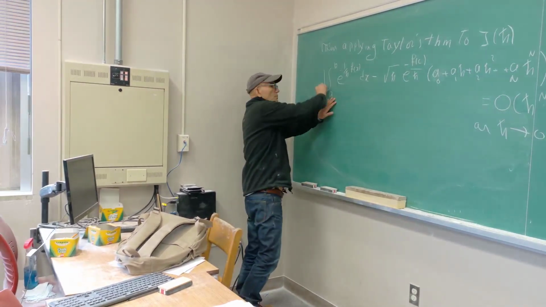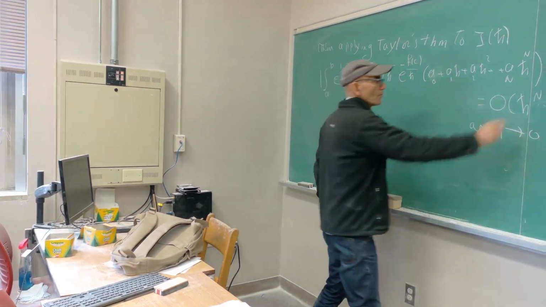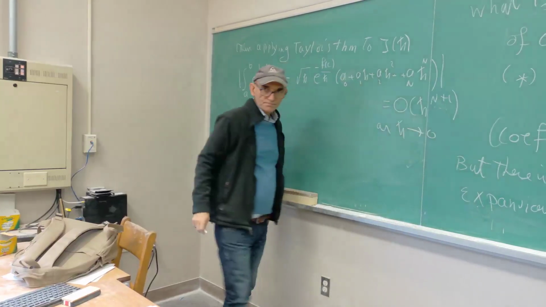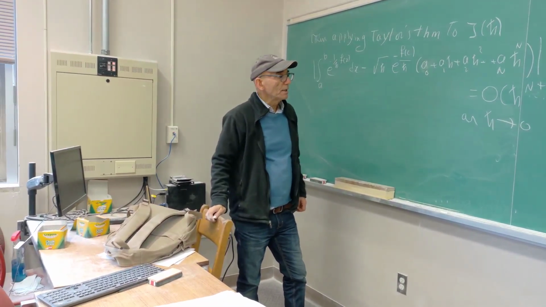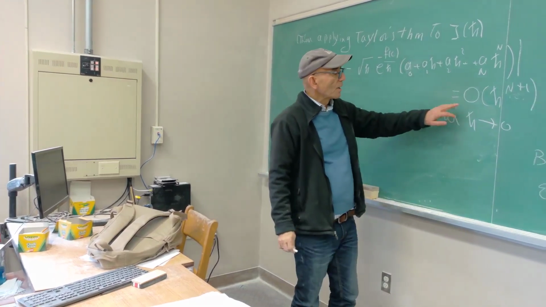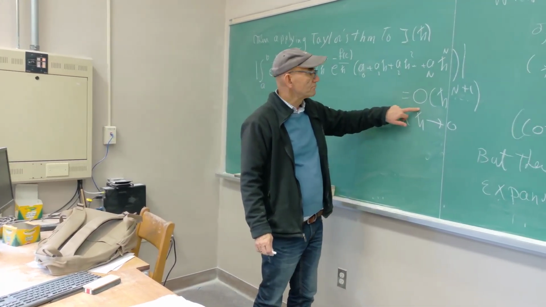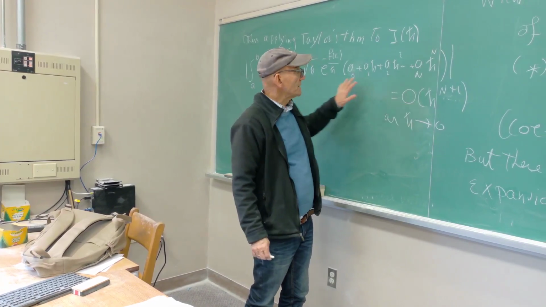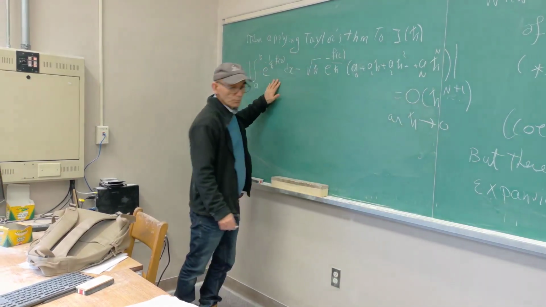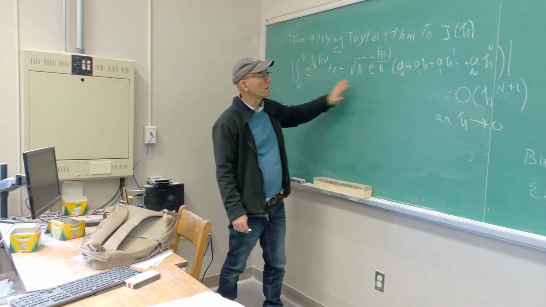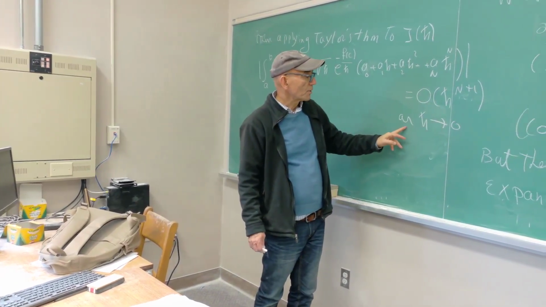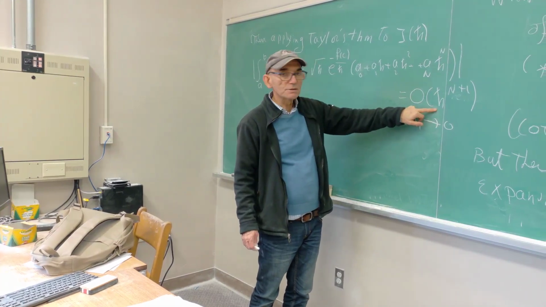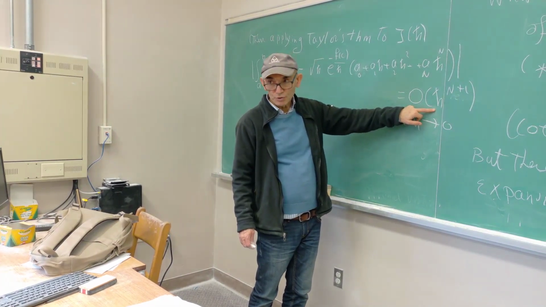Oh, this absolute value. Okay. So what does this mean? It means that this guy is bounded, the difference between this term is, as h bar goes to 0, already bounded in h bar of order n plus 1.